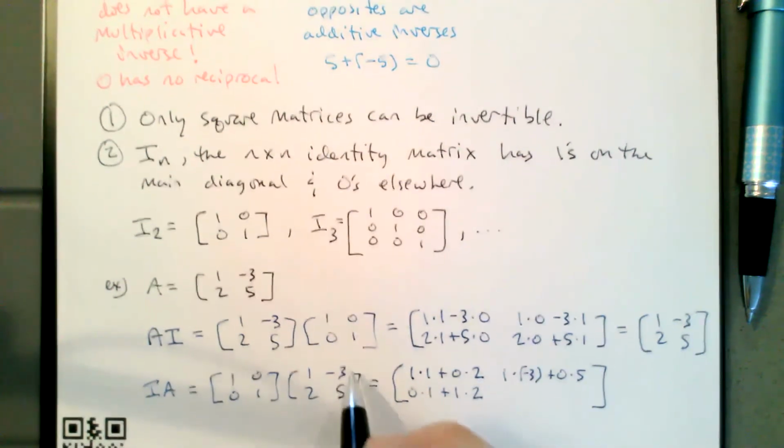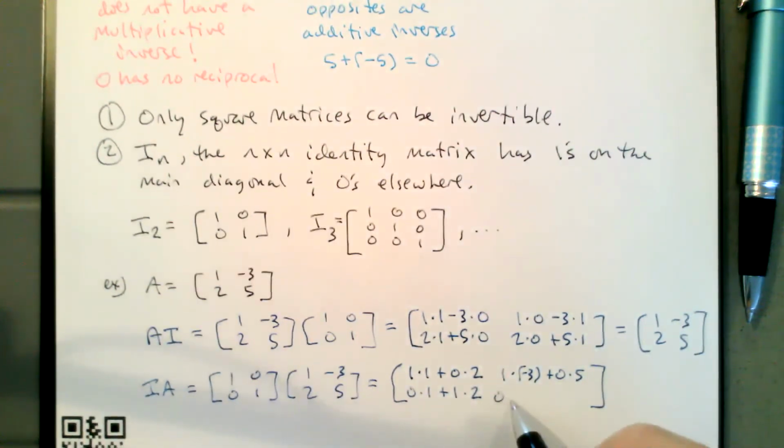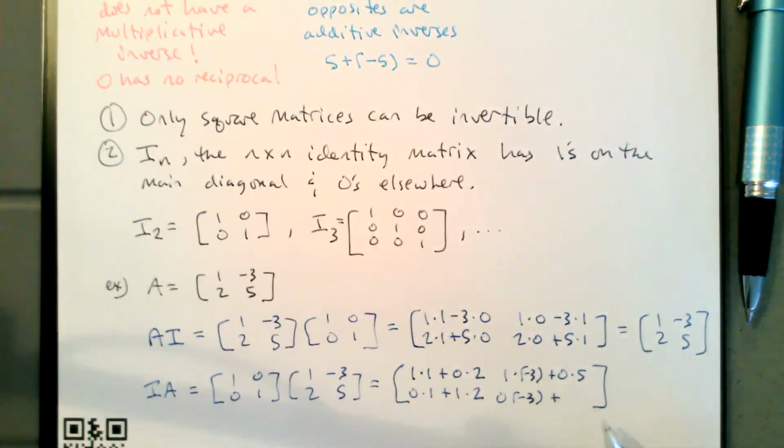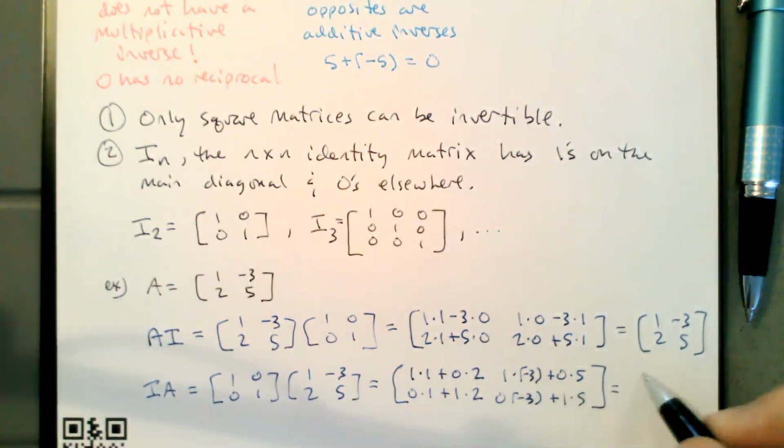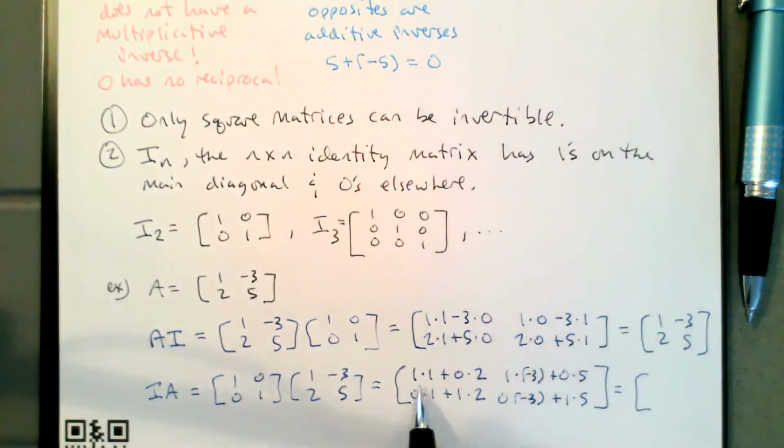And I'll do the second row times the second column, I'll have 0 times negative 3 plus 1 times 5. I did this one backwards, didn't I? No, I didn't. So I still get 1, 2, negative 3, 5.